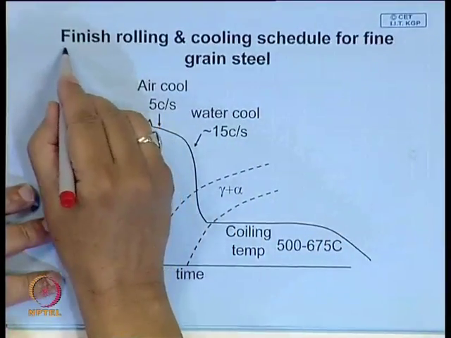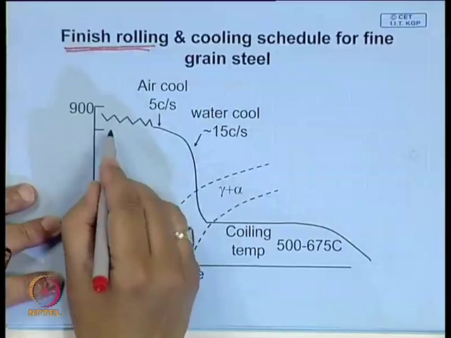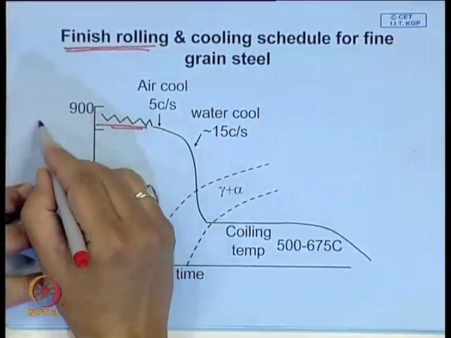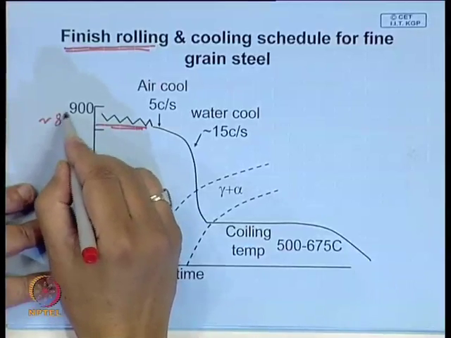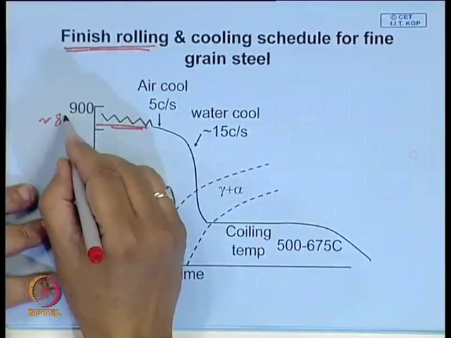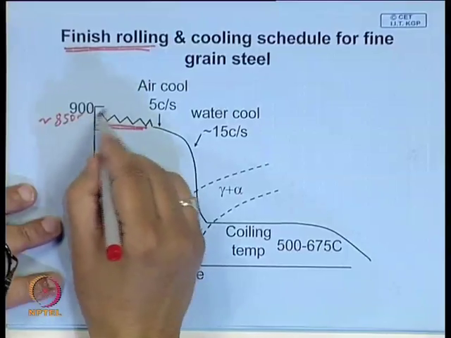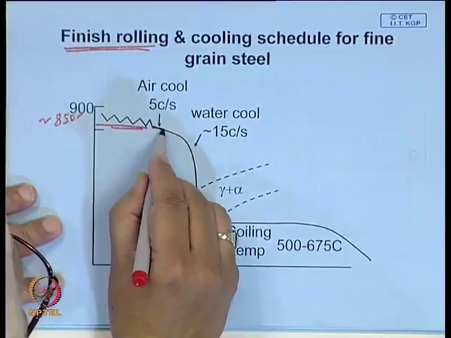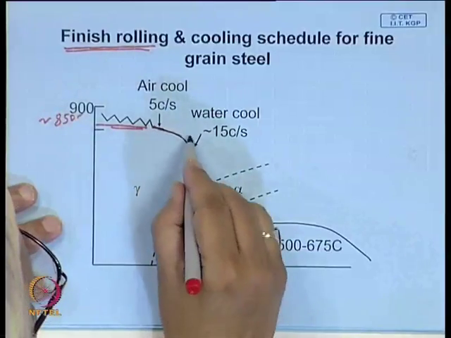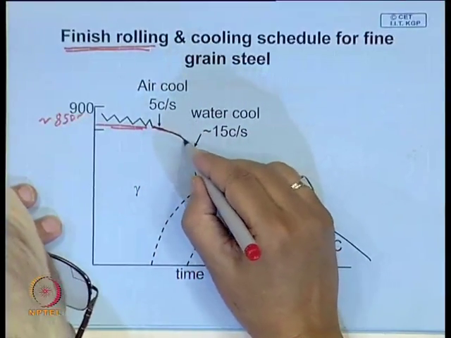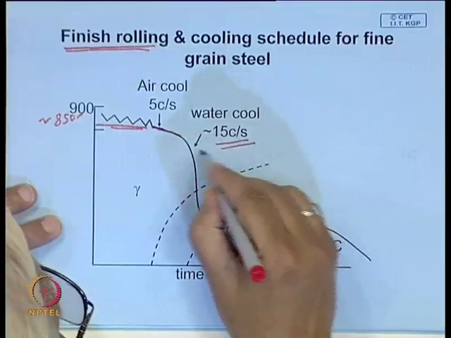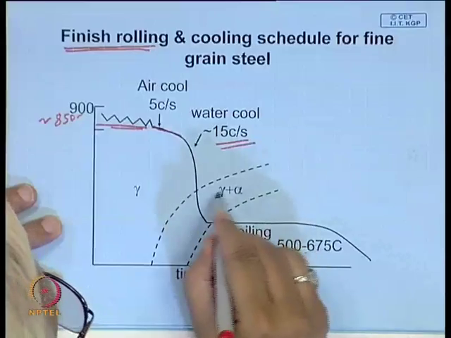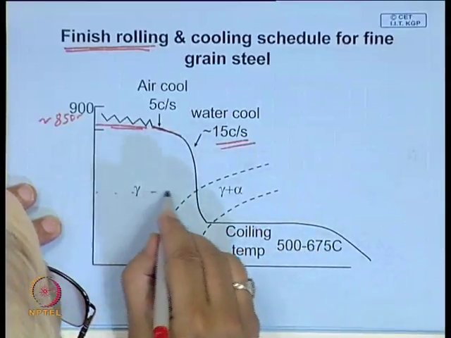So, which is schematically shown over here, this finish rolling is done over here, and this finish rolling temperature is substantially low. Depending on the carbon concentration, it could be around 850 to 900 degree centigrade. You finish the rolling, and after that this rolling is over, and then you cool it a little rapidly, so that the ferrite which starts forming forms at a much lower temperature.